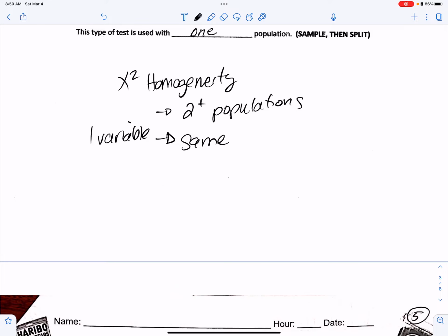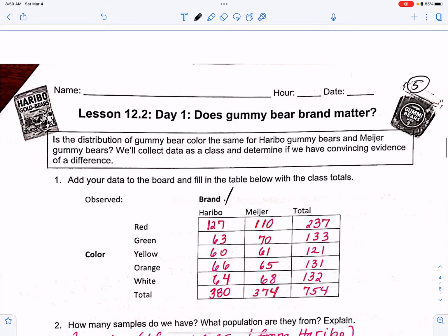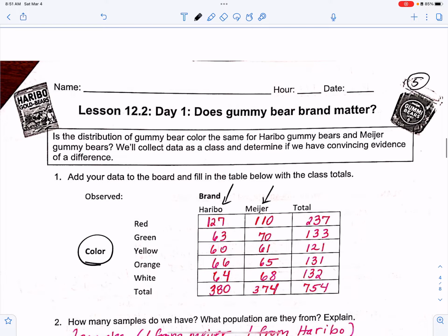So for today, we're going to be doing gummy bears, and I have two different populations, Haribo and Meyer. Those are my two populations, and the variable I'm using is color. I'm trying to see if the Haribo and Meyer populations are the same in the color distribution. These are the categories, and these are the populations: one population, the second population.